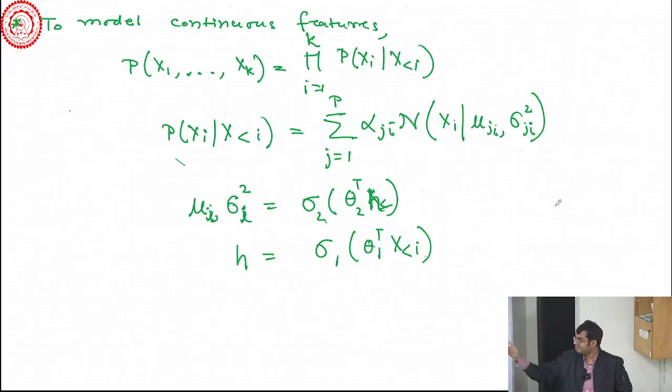NAID, MAID, fully visible sigmoid belief, all of these are autoregressive generative models. Generative transformer also comes under the same family. The members of the family are decided in many cases based on what neural network architecture, or rather what machine learning model, you are using. Because in fully visible sigmoid belief network, we are not using a neural network at all, and that's fine.